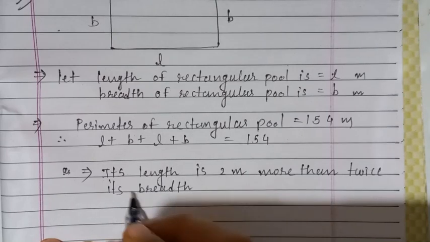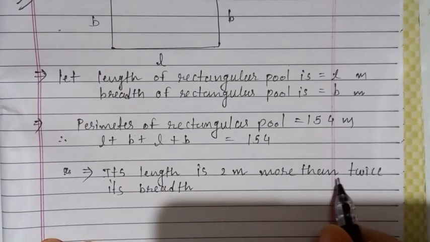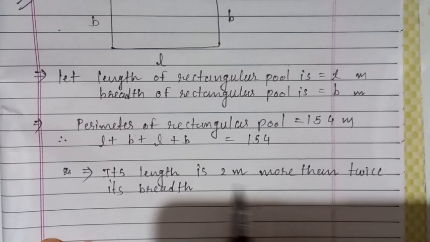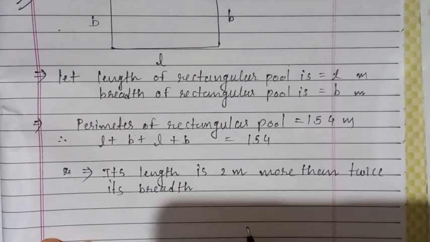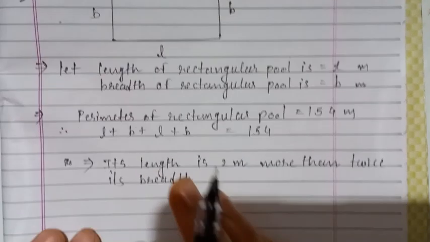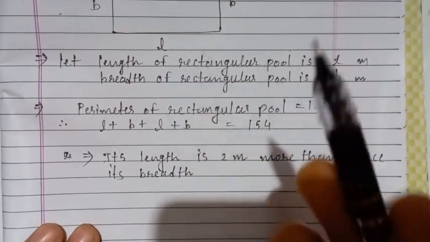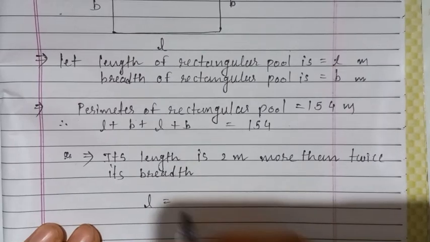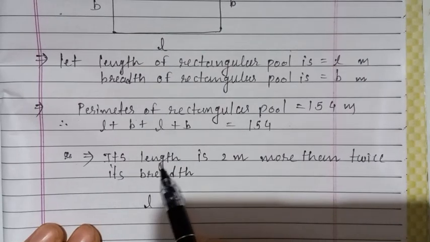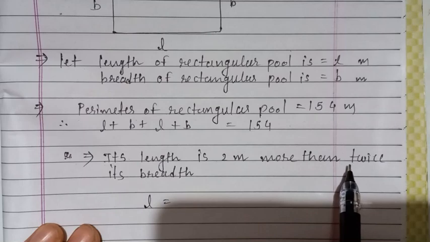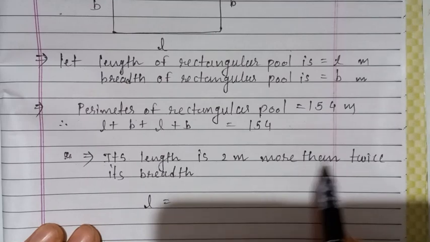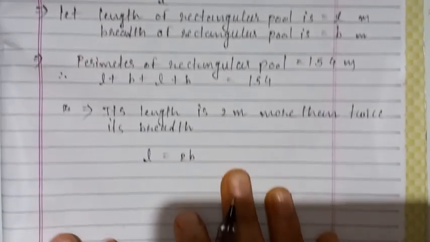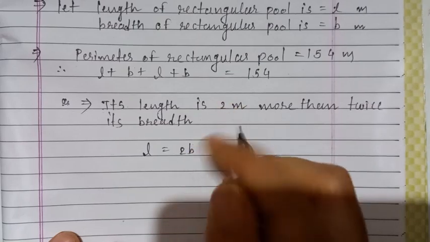Okay, so which is bigger? Length is greater than breadth. So this L is equal to, this length is 2 meter more than twice its breadth. So first twice its breadth, plus add 2 meter more.